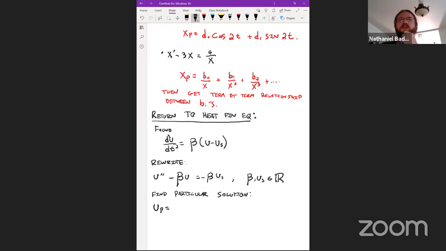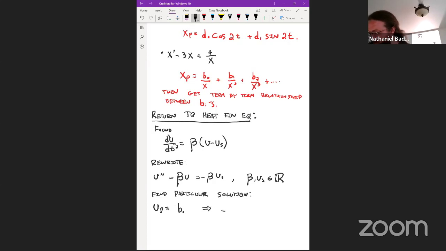So even if we don't know what the particular solution is exactly, given the right-hand side, what should we guess? It's going to be constant. Let's do it in two steps. It's constant, B naught.